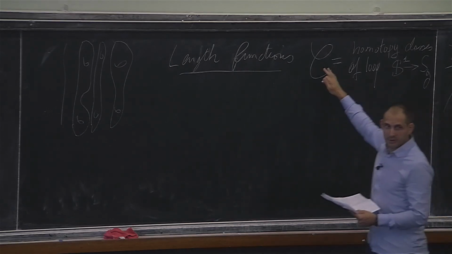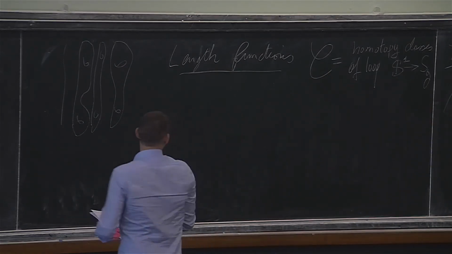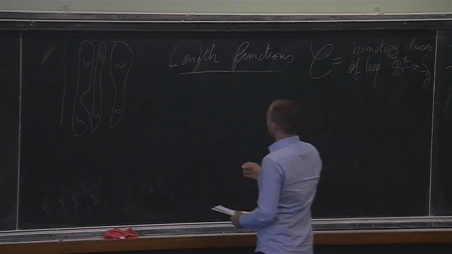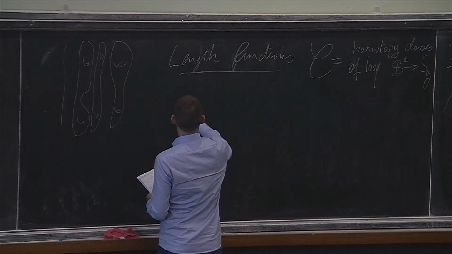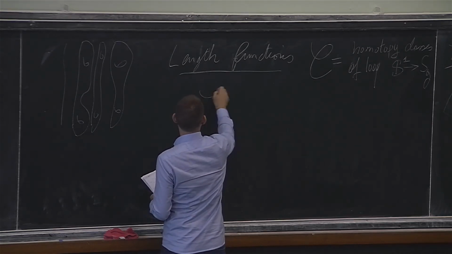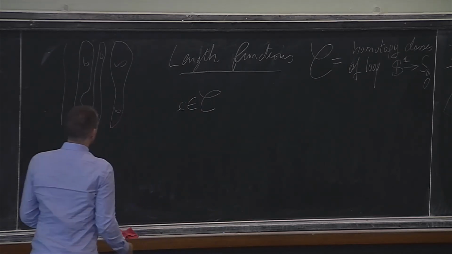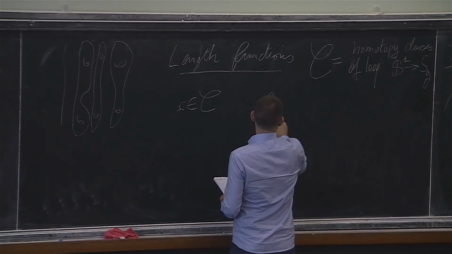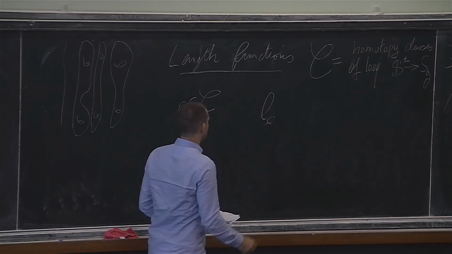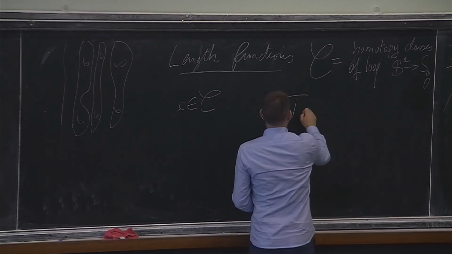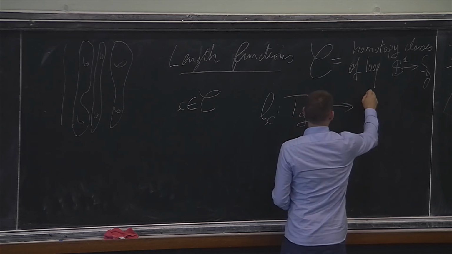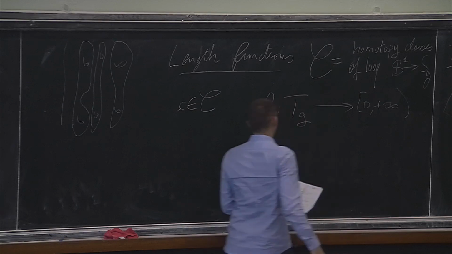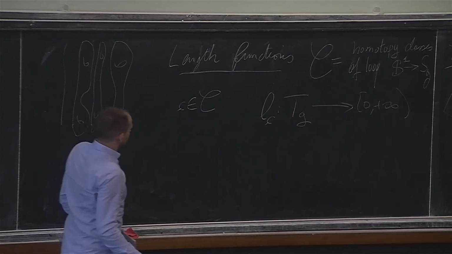So you look at all the homotopy classes of loops in S_g, and if you take any element, any homotopy class on this reference surface, then you get a certain function L_C defined on Teichmüller space with values in (0, +infinity), which is just the following.